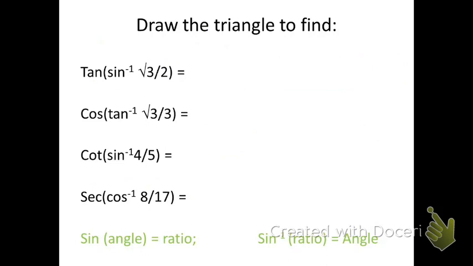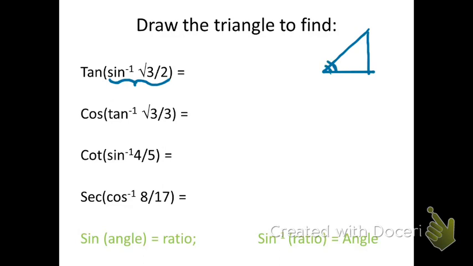Okay, so to draw the triangle, we are going to first pick a color. So we're going to draw a triangle. So remember that this is the tangent, this right here represents an angle, and the ratio that goes with that angle. So the inverse sine, so here's the angle.